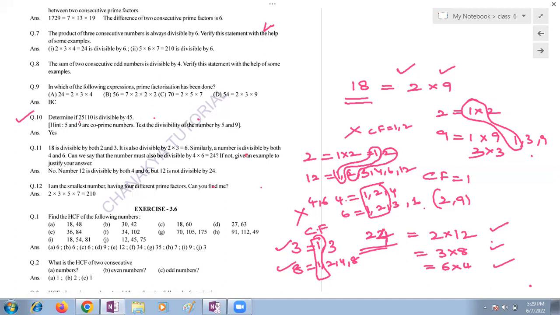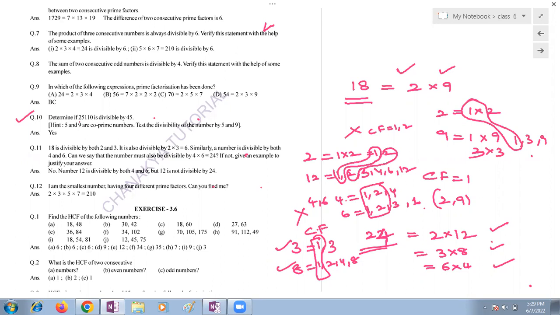Ma'am, for prime numbers also we can do this? Prime numbers means the HCF is only 1, right? Yes. If both the numbers are prime numbers, which means they are co-primes, you can.